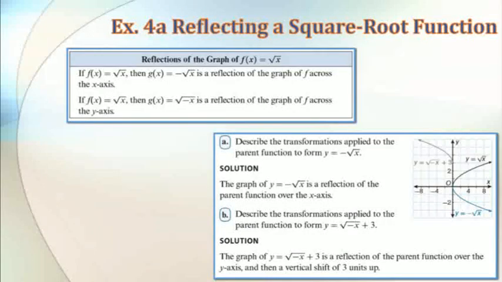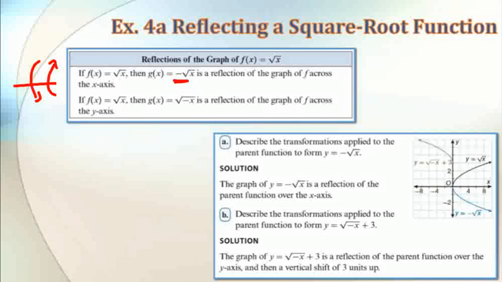Example 4a, reflecting a square root function. So now here you're going to have negatives involved. So if you look at the top box, if the negative is on the outside, the reflection, your graph is going to reflect across the x-axis. So if this is the x-axis, it's going to go from here down here, or it might go from here up here.